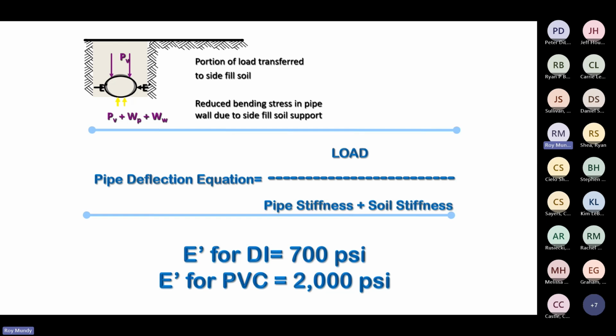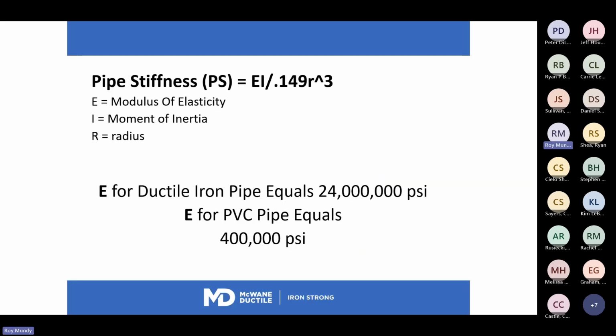On the other hand, when you go to PVC pipe, you've got to have a soil's modulus of a much higher number. Because of that much higher number, you have to construct the trench in a more, shall we say, sophisticated way, which ultimately creates more cost in the trench.